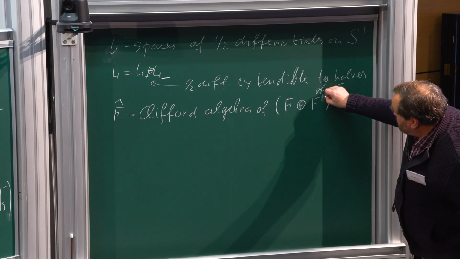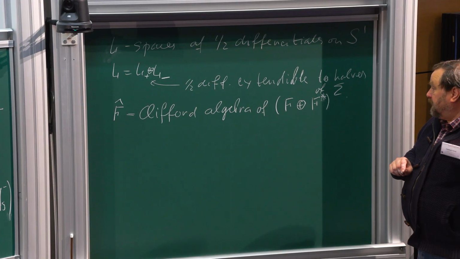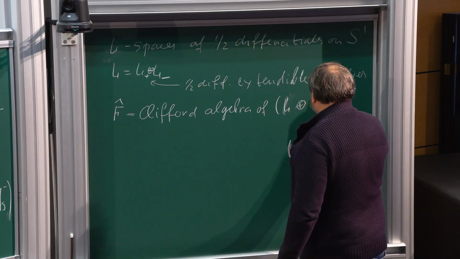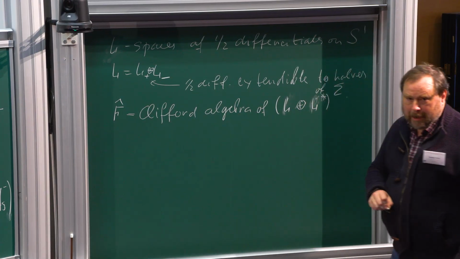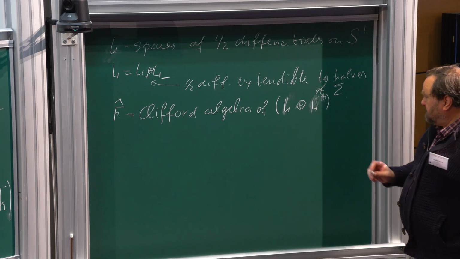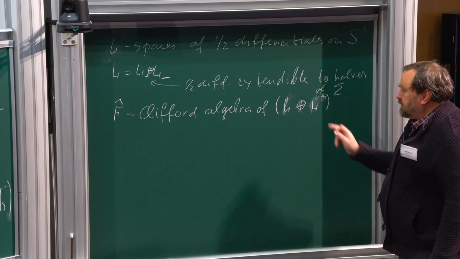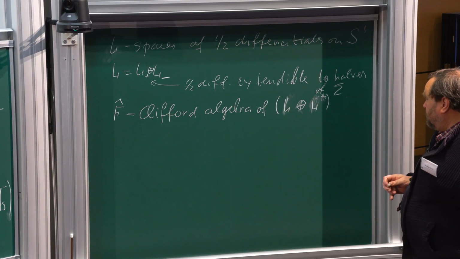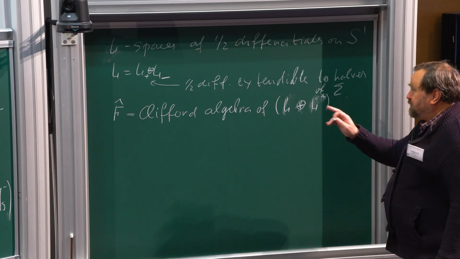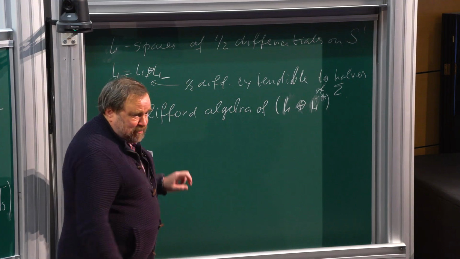So let's take the sum of L and L star. And this is a Clifford algebra. I already have L plus and L minus.